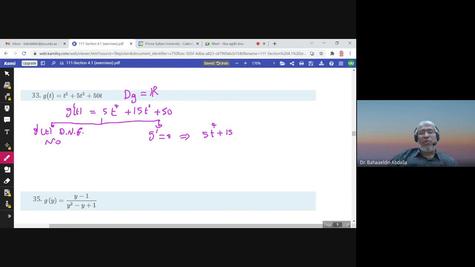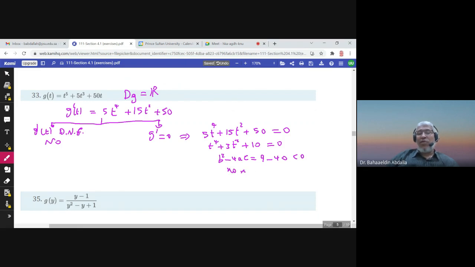So let us put g prime equals to 0. Let me divide by 5. So I will have t to the power 4 plus 3t squared plus 10 equals to 0. Now, there is no way to factor this. If I find the discriminant, which is b squared minus 4ac, it would be 9 minus 4 times 1 times 10, so it's minus 40, and this is less than 0.